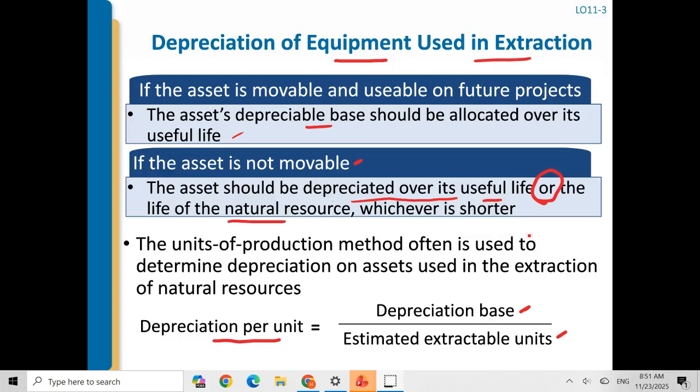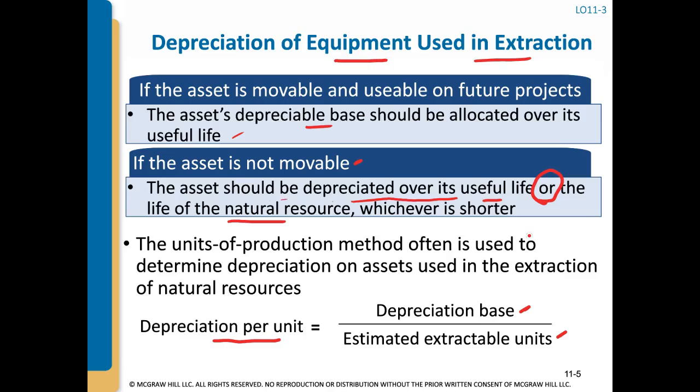Over what period do we take $162,000 of depreciation expense every year? And that time period is determined to be, it should be depreciated over the asset's useful life or the life of the natural resource. Whichever one is shorter, that's how many years you'll be taking the depreciation expense for that asset.